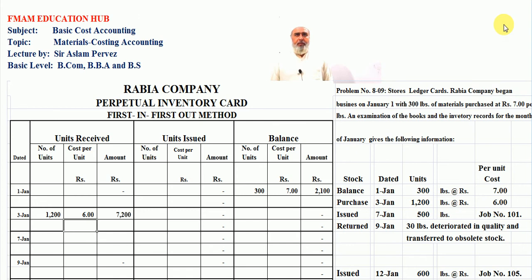Student, this is the amount, 7200 rupees, as a purchase. Now we record our inventory in the balance column here: 300 pounds, the rate is 7 per pound. The current purchase is 1200 pounds of materials, the rate is 6 per pound here. Student, this is our inventory card, which exists in our storeroom.